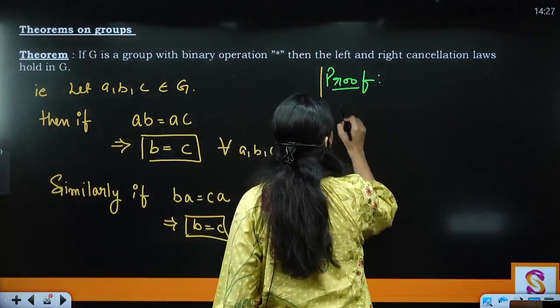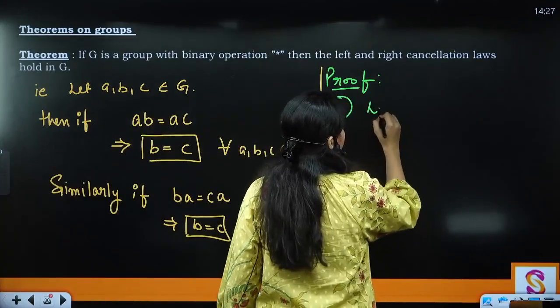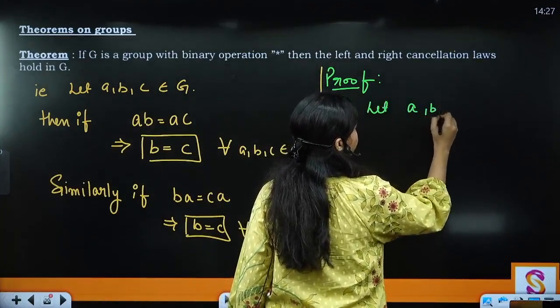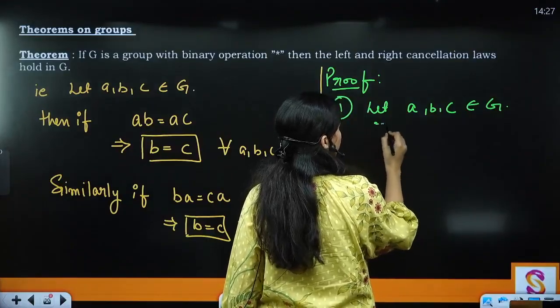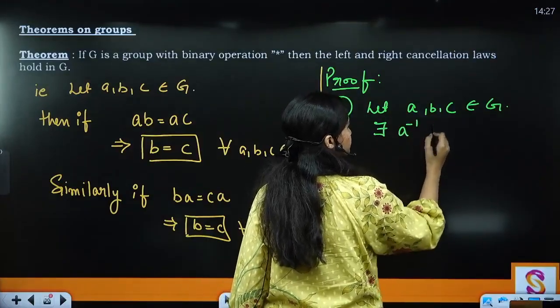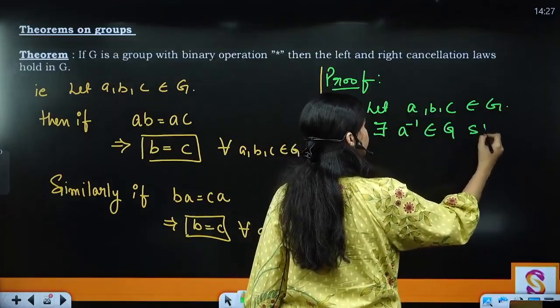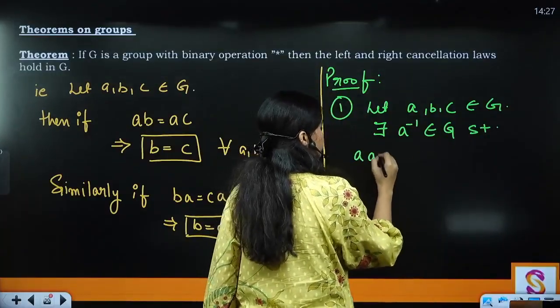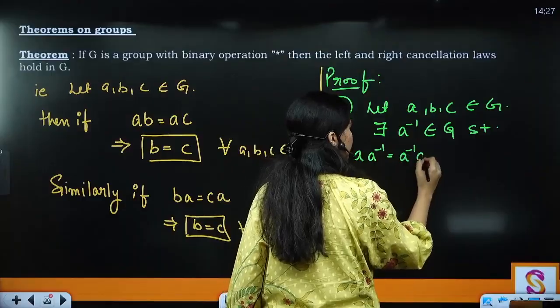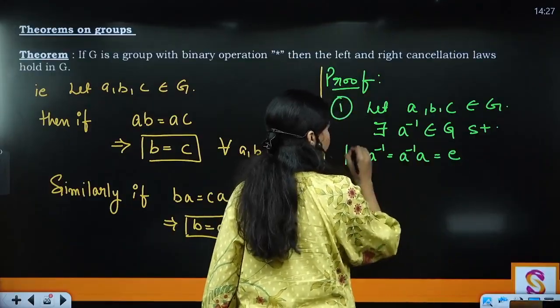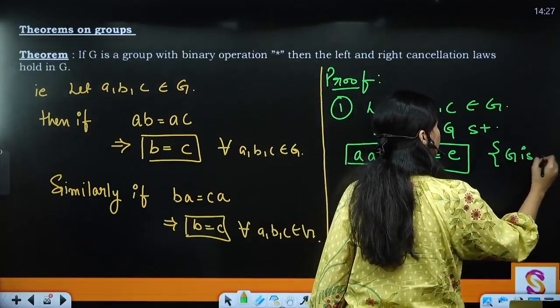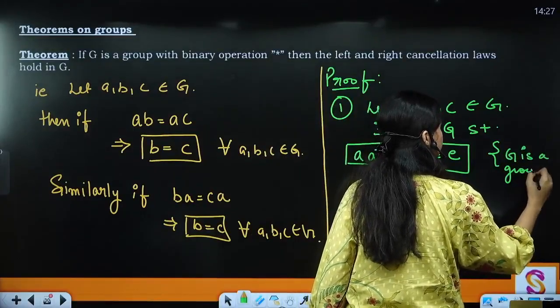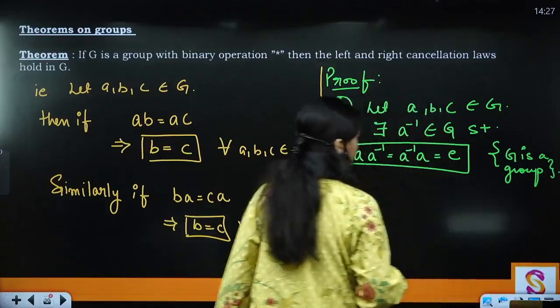Now let a, b, c belong to G. There exists a inverse belonging to G such that a inverse a equals a a inverse equals e, right? Why? Because G is a group, so an inverse will exist for every element.